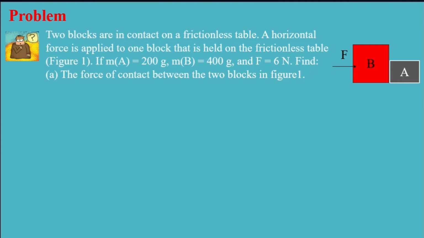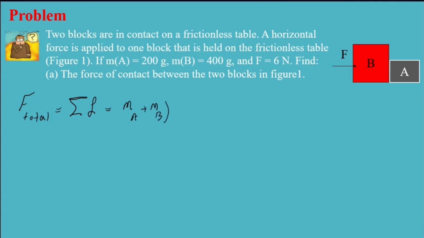So I'm going to write the second Newton's law. Based on the second Newton's law, F total is going to be equal to the sum of the F. That's telling me it's going to be MA plus MB, remember they move together, times a equal to 6 newtons.